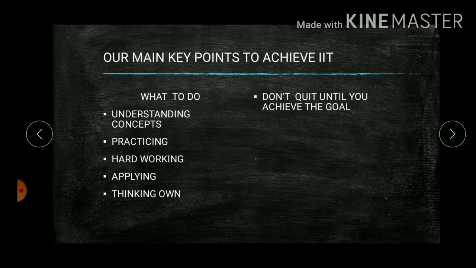And our main key points to achieve it are what to do. If you have a goal, you should achieve it, but if you have an IIT goal, or any other goal, you should have some key points. That means you should have some instructions and rules. Understanding concepts: you should understand the concept, not just learn it by heart.